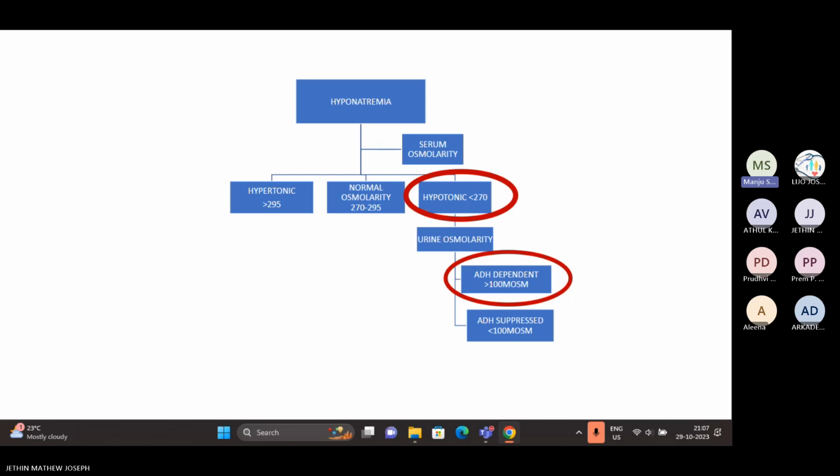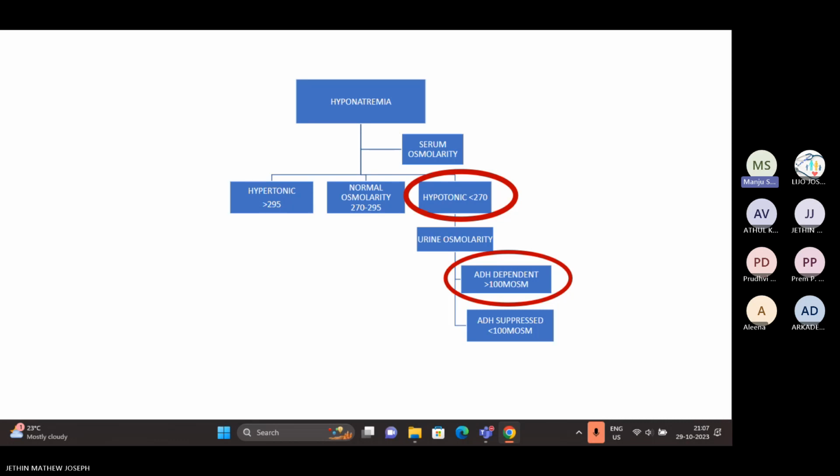Based on the serum osmolarity, you know that he falls in the category of hypotonic hyponatremia, which is what you're expecting. Most of the cases you will see will be hypotonic type. And again, as Jatin had already said multiple times, the urine osmolarity here is quite high. It's more than 100, which tells us it's an ADH dependent cause for the hyponatremia.